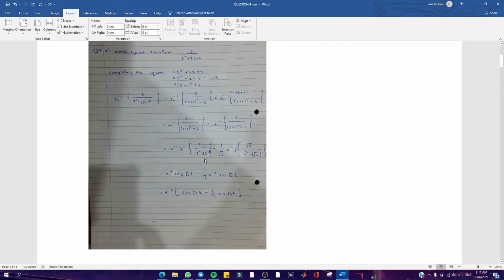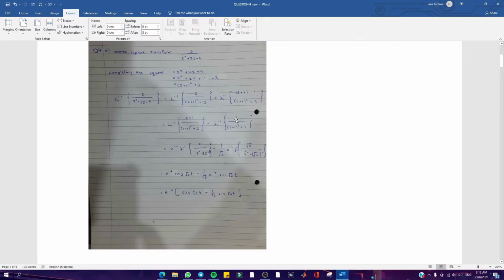Then for the inverse Laplace of s over s squared plus 3, we change into a square and put the square root, so we get cosine square root 3t, minus 1 over square root 3. Because we put square root 3, we want to keep it the same as down here, so don't forget the square root 3 in the denominator, because when we put this we will get back 1.